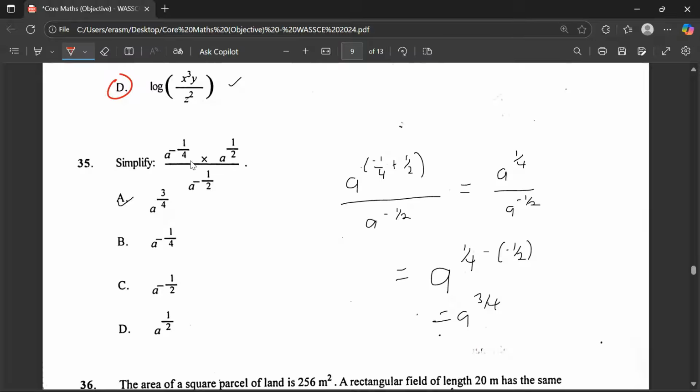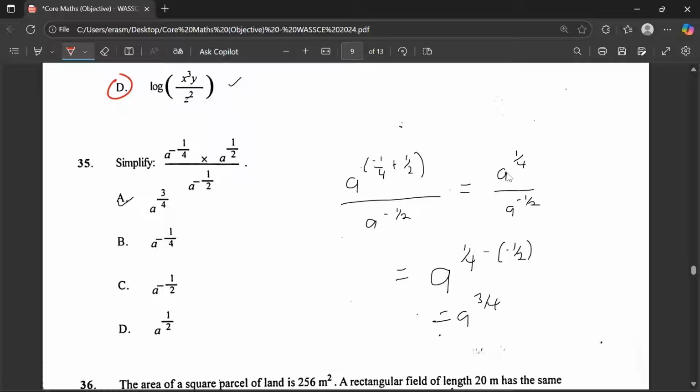Now we have to simplify this. If the bases are the same and they are multiplying, then we add the exponents. So that is going to be negative 1 on 4 plus half, and this equals 1 on 4. Then we maintain the denominator, a to the power negative half.